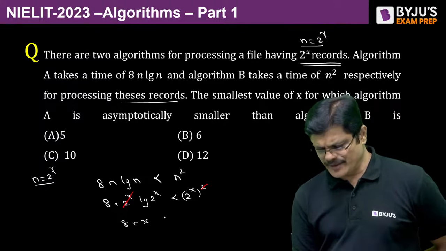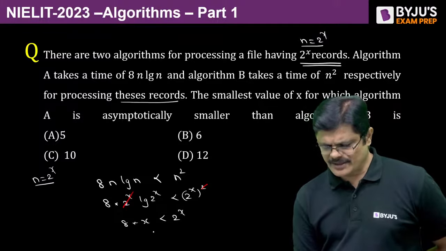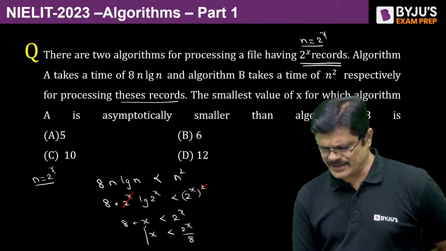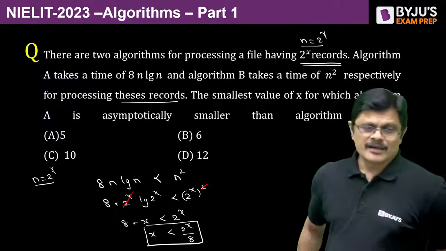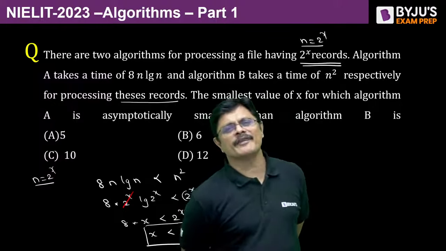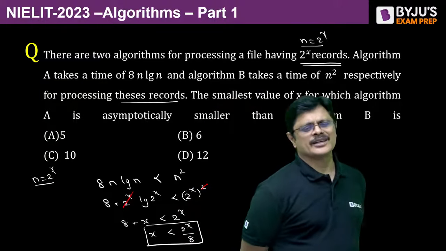Log 2 is 1, which is less than 2^x. That means x is less than 2^x by 8. So for what value of x must this condition hold? What is the smallest value of x for which this condition is satisfied?